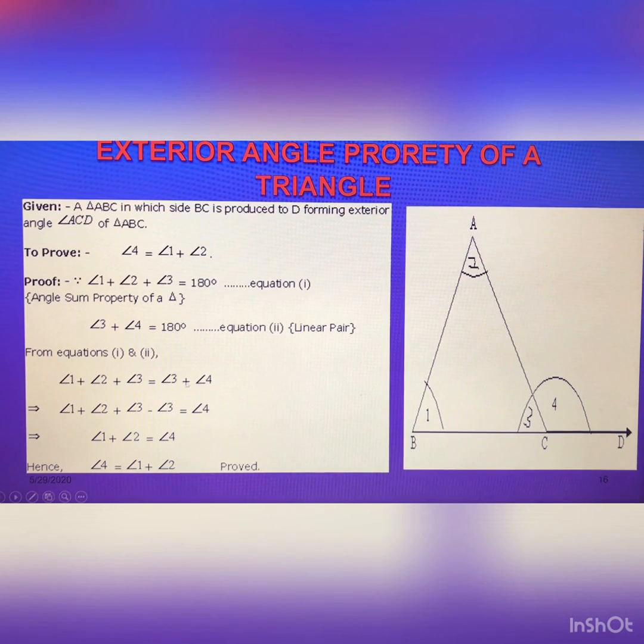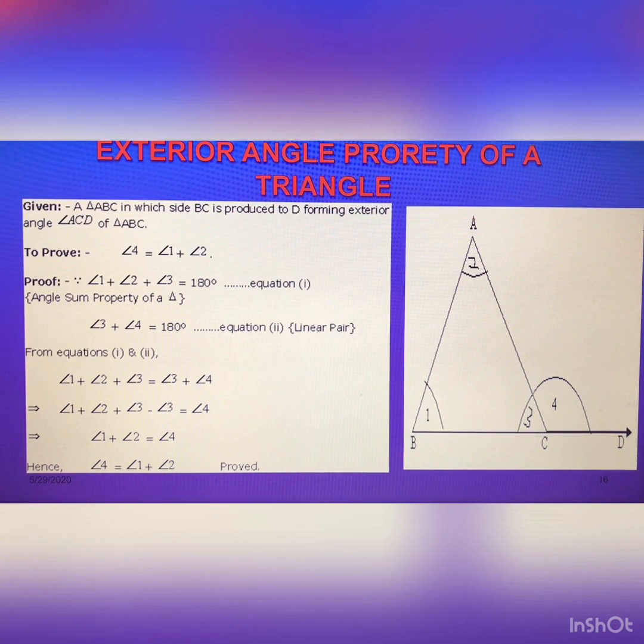Now we transpose angle 3 to the left side. So angle 3 gets a negative sign, that is minus angle 3. Means angle 1 plus angle 2 plus angle 3 minus angle 3 equals angle 4. Angle 3 and angle 3 cancel out. So what you get? Angle 1 plus angle 2 equals angle 4. And we can say that angle 4 equals angle 1 plus angle 2. So this is the proof of the exterior angle property.